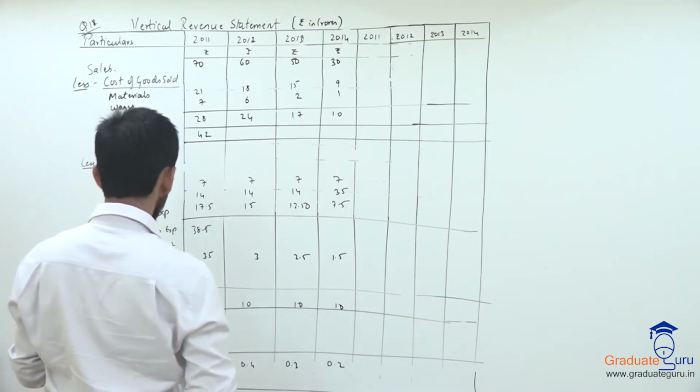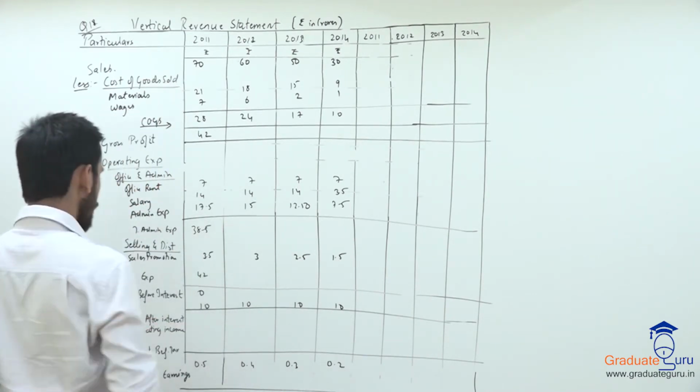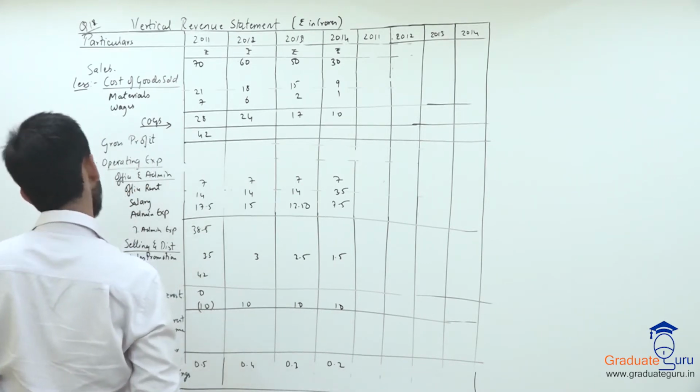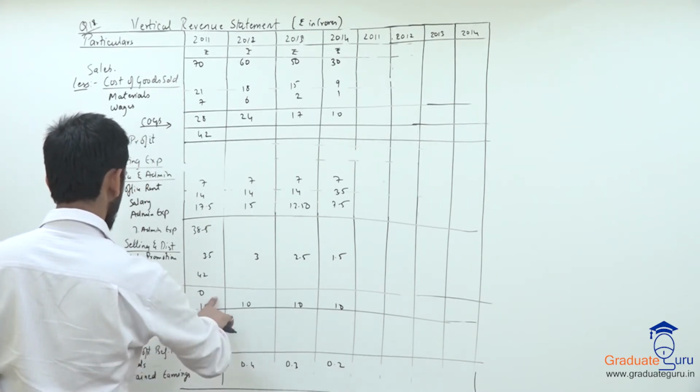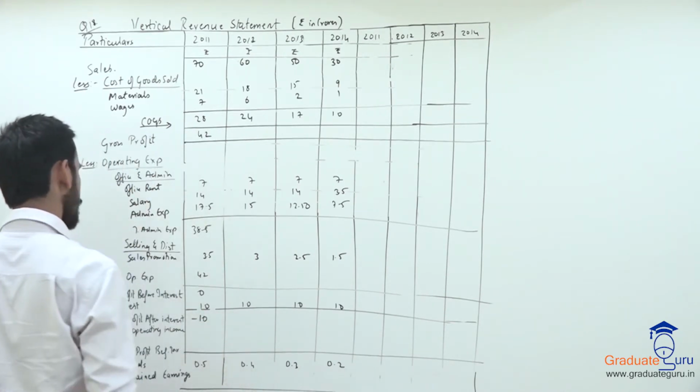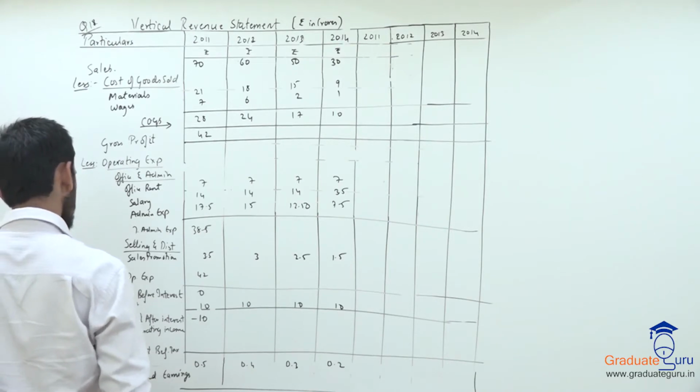So the net profit before interest is 0, minus 10. Subtract, right, minus 10. So the answer will be negative, profit is negative.